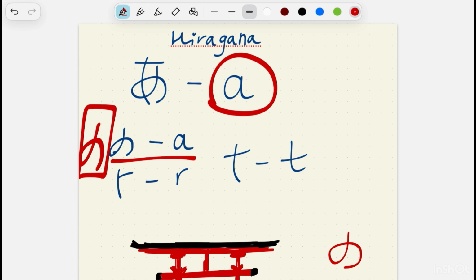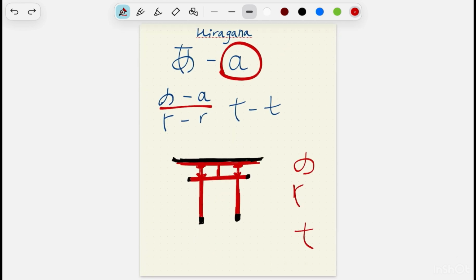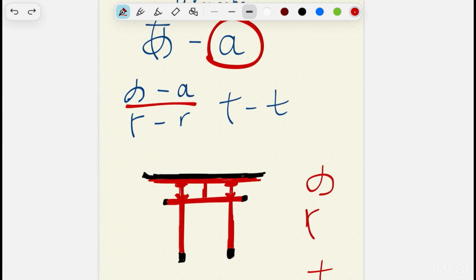And the second part is this one, like air, right? I remember it as air, and it also looks like T, right? So I make it into art, Japanese style art.